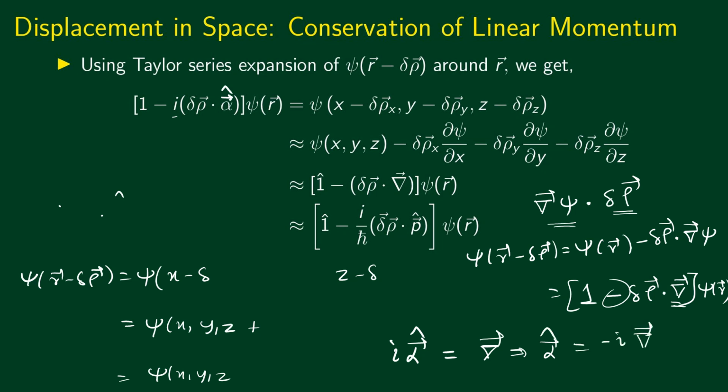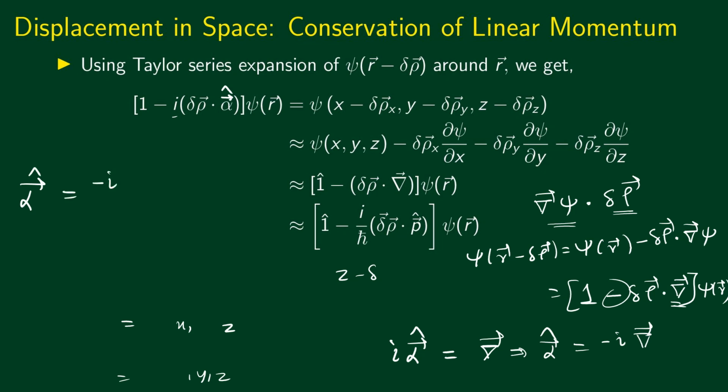Okay, now we see that this looks like the momentum operator in the position basis, provided there's an h bar. So let's introduce this h bar in here. We can write alpha vector hat is equal to minus i divided by h bar multiplying h bar del vector.